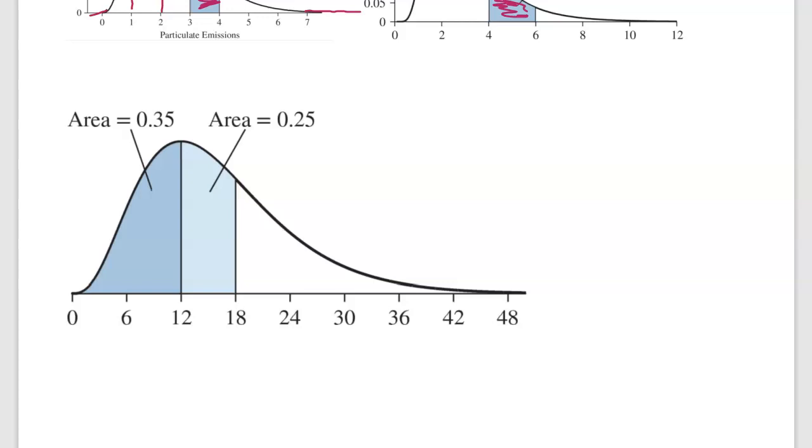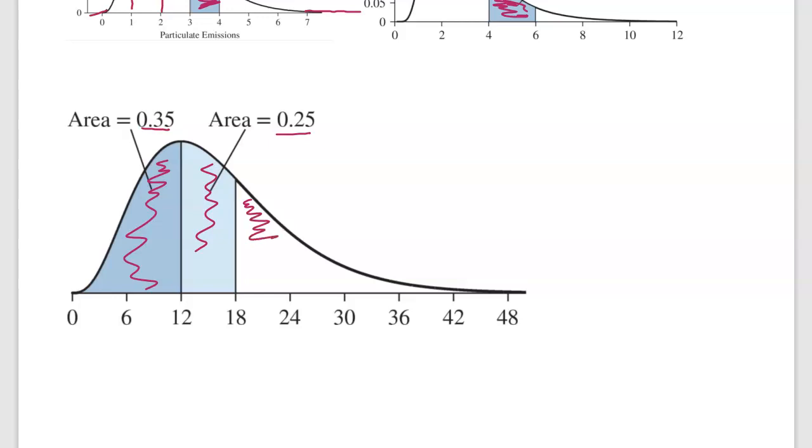Looking at this probability distribution curve, you'll notice that this shaded area here is 0.35. And this shaded area is 0.25.